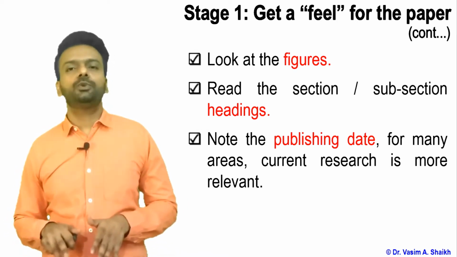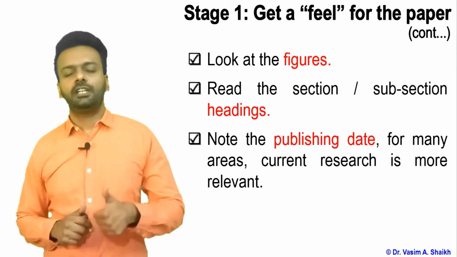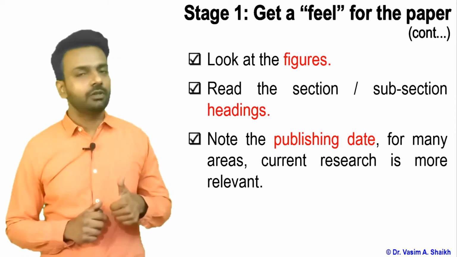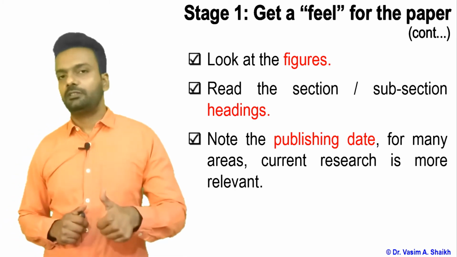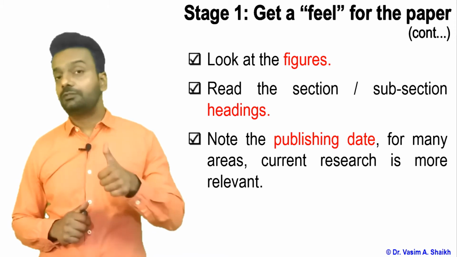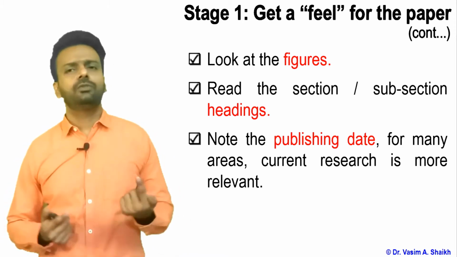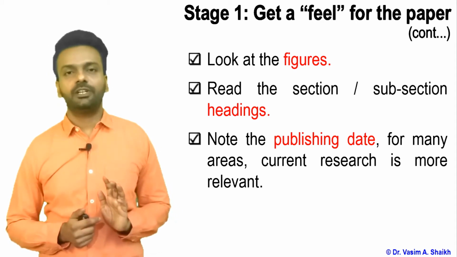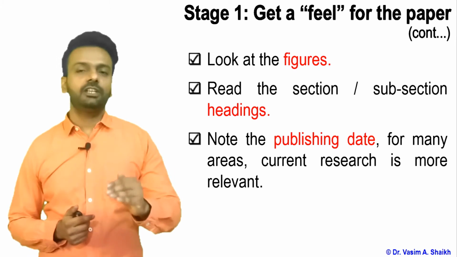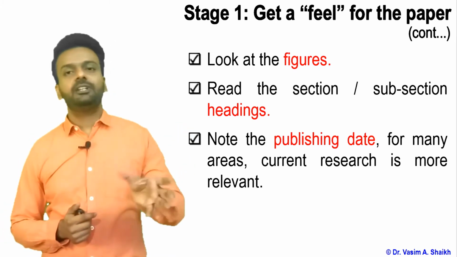So don't put any paper unless that paper is really important. Suppose in my field, like minimum quantity lubrication, I know that this field was developed 20 years ago. So I can put a paper which describes minimum quantity lubrication, the first paper which describes it. I can give a reference of that paper only once in my literature review, but I cannot keep on repeating papers from that era which are experimental papers.